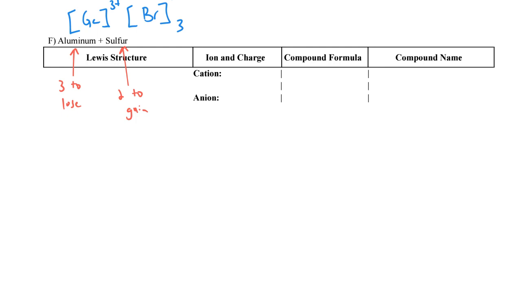So I'll need 2 separate aluminums, each with 3 valence, and then 3 separate sulfur, each which has 6 valence, and therefore can accept 2 more.